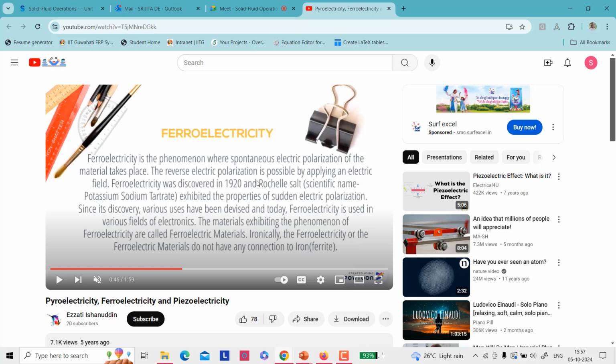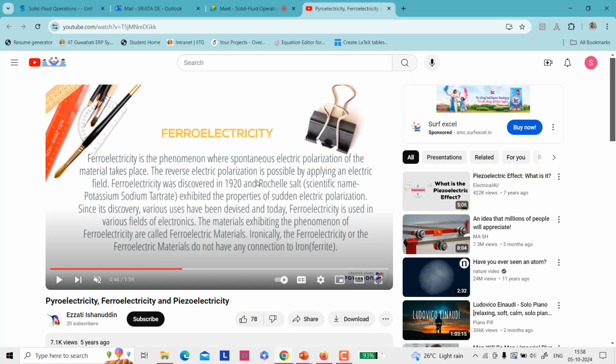Ferroelectricity was discovered in 1920, and Rochelle salt exhibited the properties of sudden electric polarization. Since its discovery, various uses have been devised, and today ferroelectricity is used in various fields of electronics or nanotechnology. The materials exhibiting the phenomenon of ferroelectricity are called ferroelectric materials.